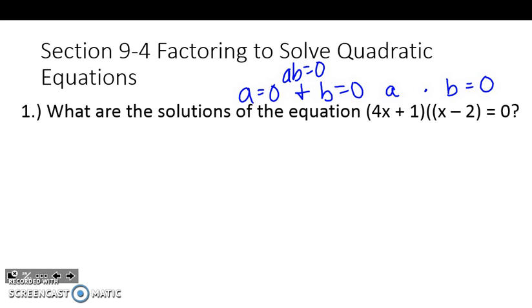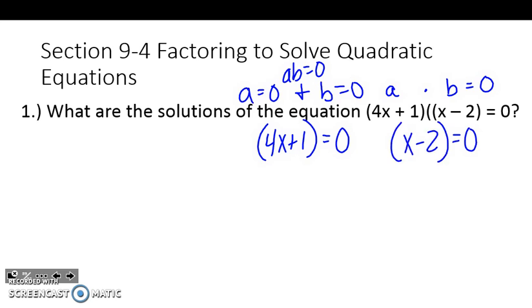So what we do to set this up is we take 4x plus 1 and set it equal to 0, and we take x minus 2 and set it equal to 0. So basically you have yourself two tiny little math problems that we have to solve, and then those are going to be our solutions. So this one we add 2, so we get x equals 2.